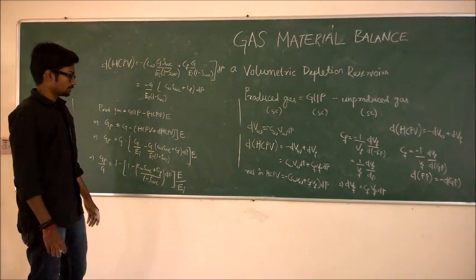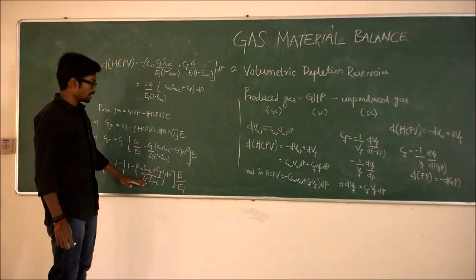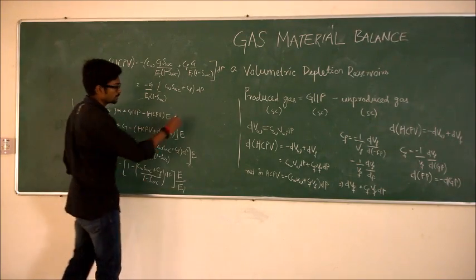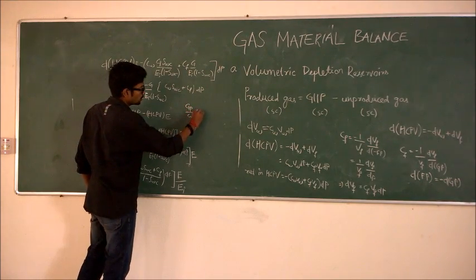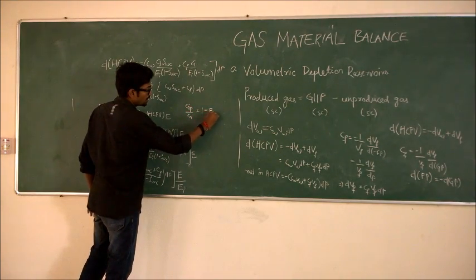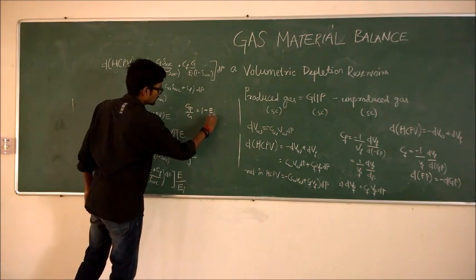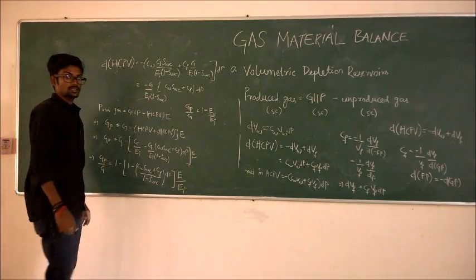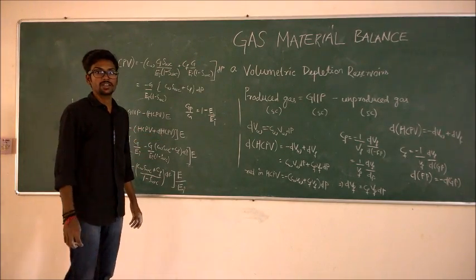So, in general material balance calculations, this term is neglected, and the original material balance equation Gp by G is equal to 1 minus E by EI is considered. So in the coming lecture, we will talk about the water drive reservoirs.